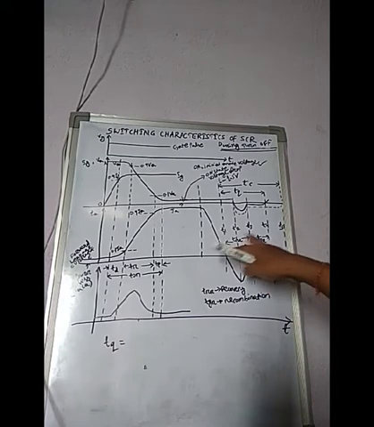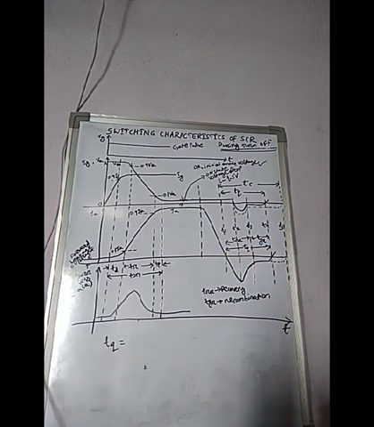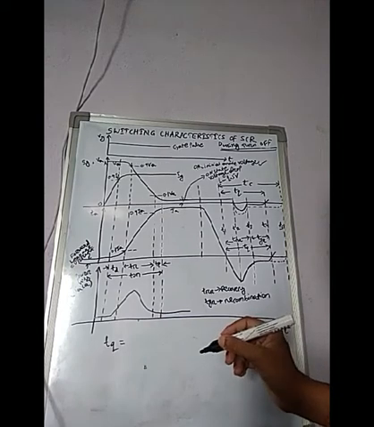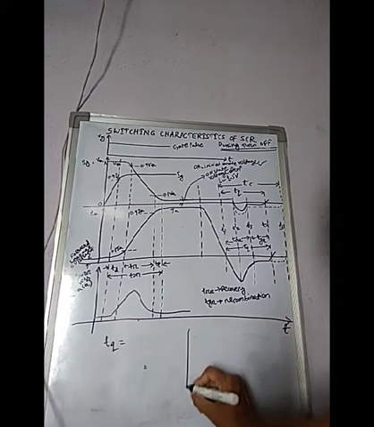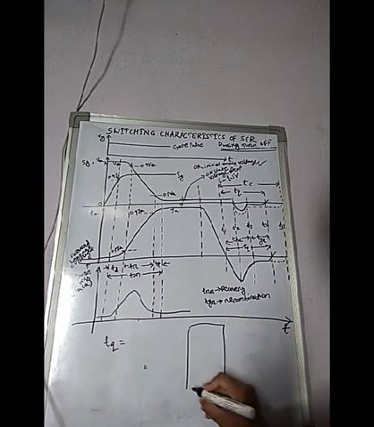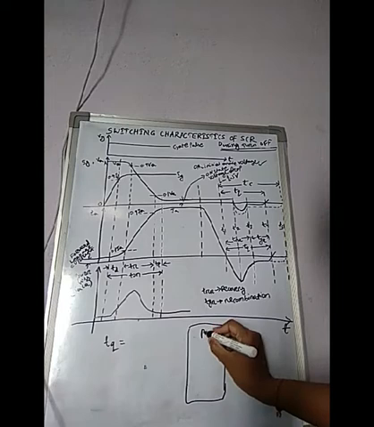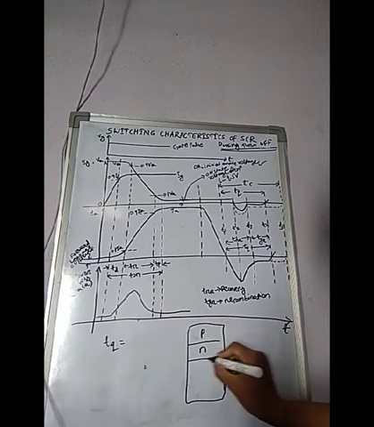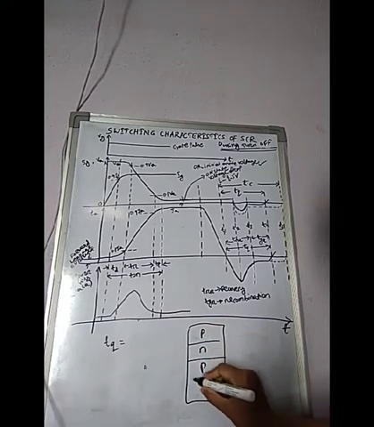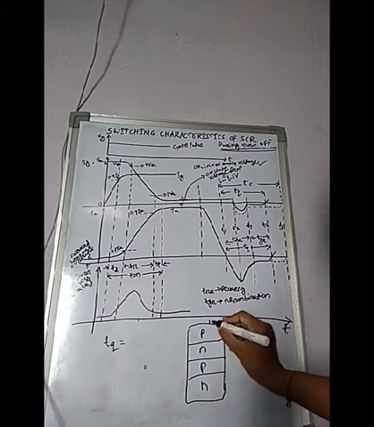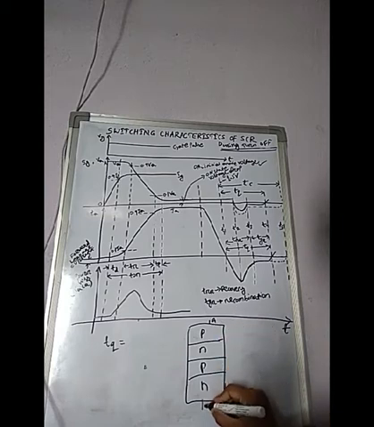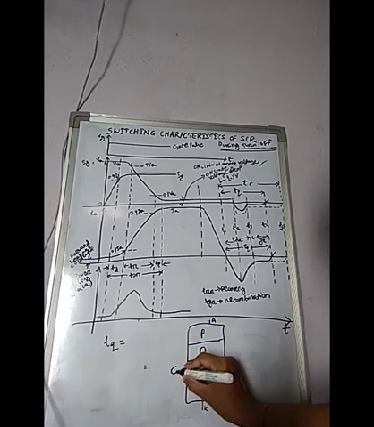So during the time TQ, all the excess carriers from the four layers, let me draw first the four layers: P, N, P, N. This is anode, this is cathode, this is gate.